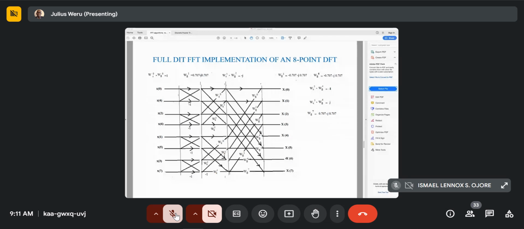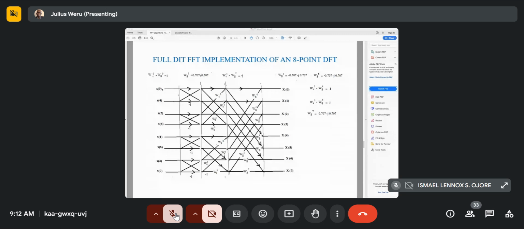To get this order, you cannot put 0 and 1, but I'm just looking at it as inputting 0 and 1. So this will be x of 0 minus x of 4, which is minus x of 1.